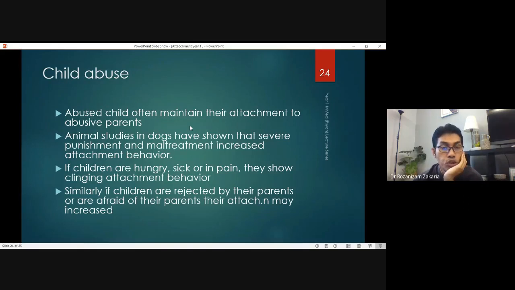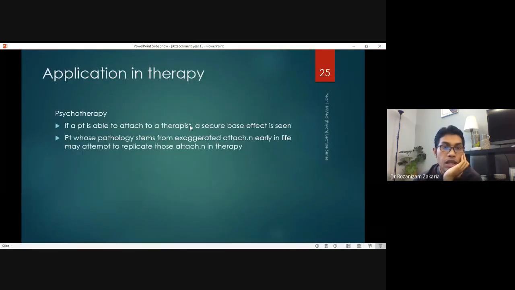Children with abuse, for example, as you mentioned earlier on, tend to have attachment problems. Application in therapy. So basically, one of the things that we want to do in psychotherapy is to re-establish the attachment in order for them to feel secure, comfortable, and be able to process their own emotions whenever they have problems. So this is for example the patient I told you about earlier.